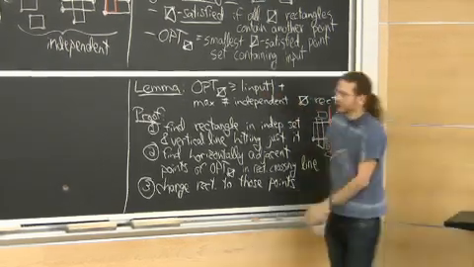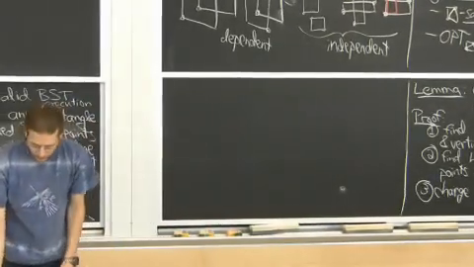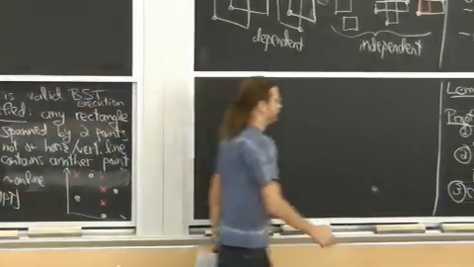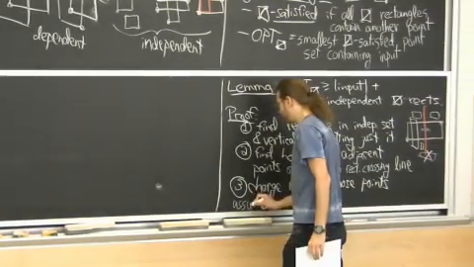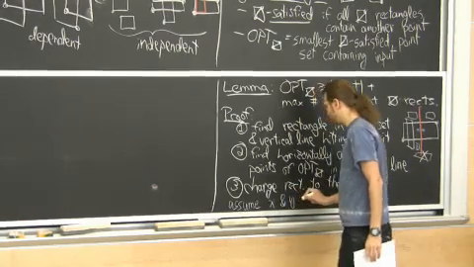So there's lots of things to check here. Let's do them one at a time. And throughout, I'm going to assume, write that at the bottom, assume all x and y coordinates are unique.